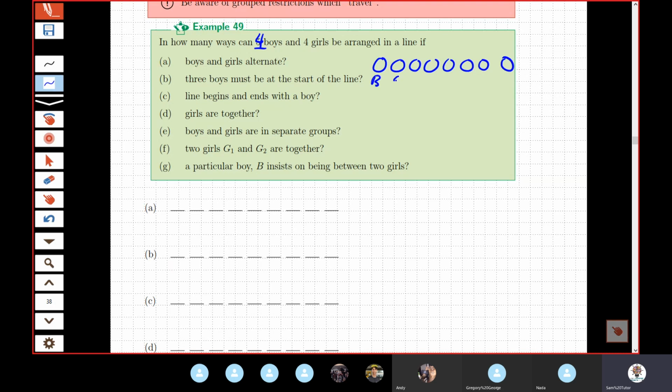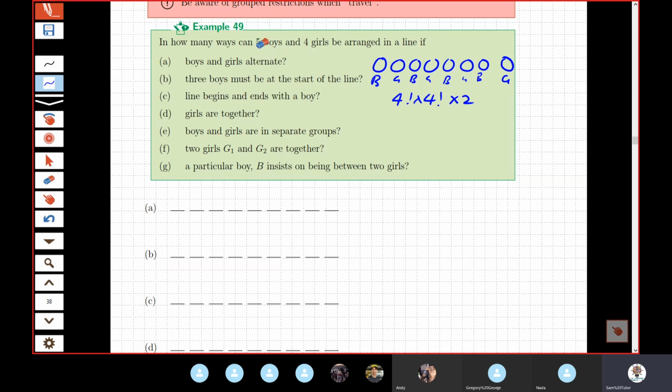You would say boy, girl, boy, girl, boy, girl, boy, girl. So your answer would be 4 factorial times 4 factorial times 2. Why times 2? Because you could start with a boy or a girl.